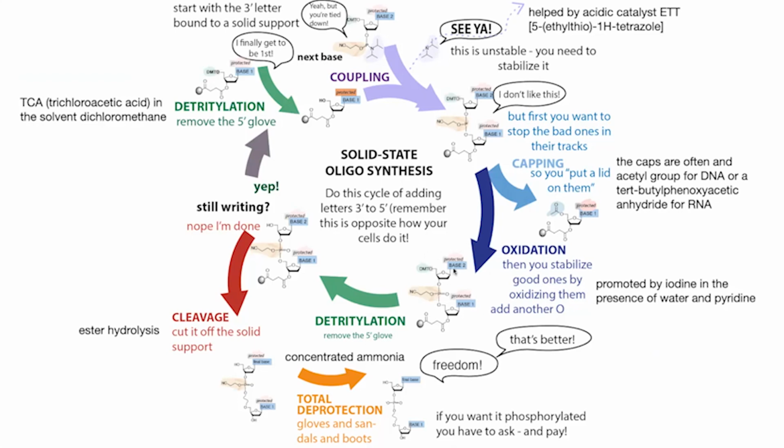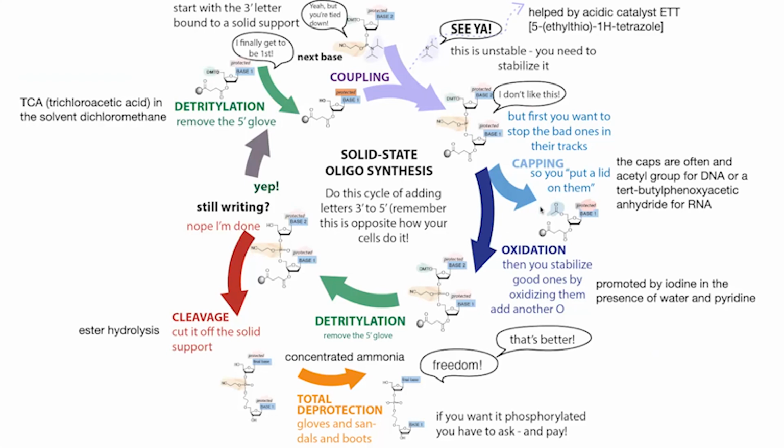So now what's going to happen is you have these two bases joined together and stabilized. And we want to now be able to do something with them. So we only have two letters together. We want to add more. And if we want to add more, well, now we're going to need to take off this glove. We're going to need to remove that DMT.